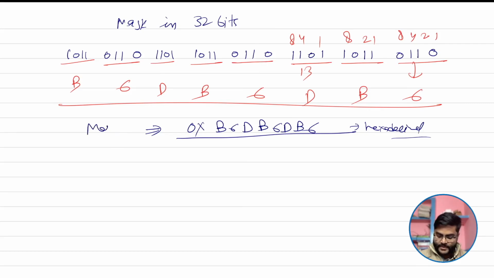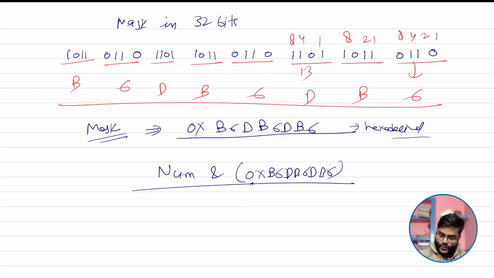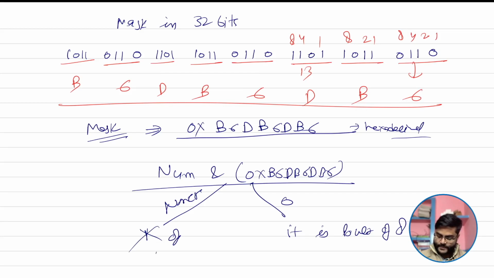This is my mask. Now how to find whether the number is a power of 8? I'll do number AND with my mask. If it is 0, it means it is a power of 8. And if it is non-zero, that means it is not a power of 8. Before this, I will check the condition of power of 2.